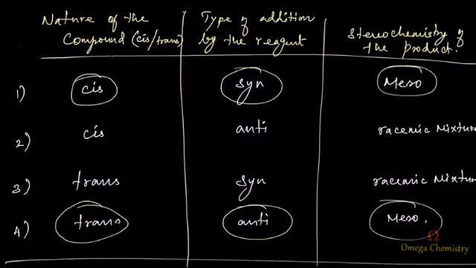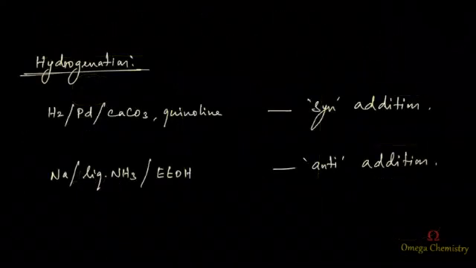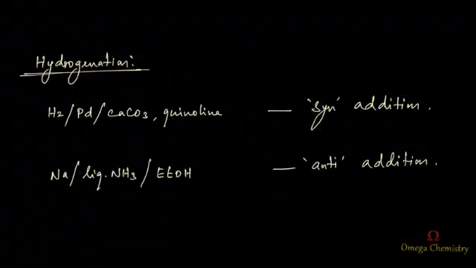If both are different, the nature of the compound and the type of reagent, if they are different, then I am about to get a racemic mixture. So if we know the nature of the compound and the nature of the addition caused by the reagents, it is sufficient, and we are able to predict the stereochemistry of the product.